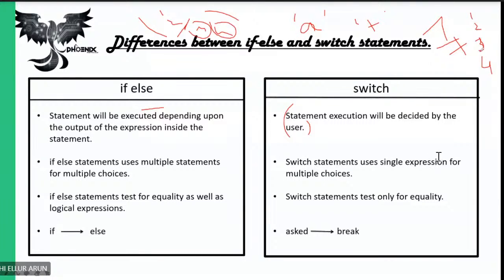Just think these are a few statements, a few functions in your program. This 1 can represent some if block, this 2 can represent some else block, this can represent something else, and the 4th can represent something else. You've written a huge program, and these are your cases here.